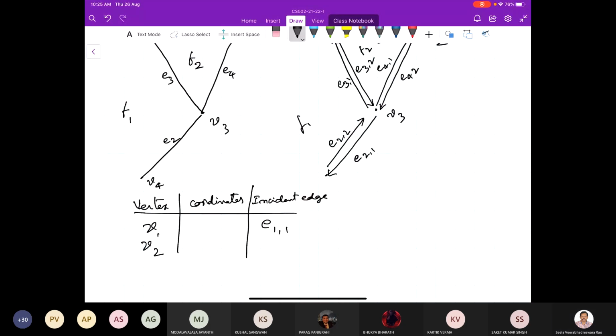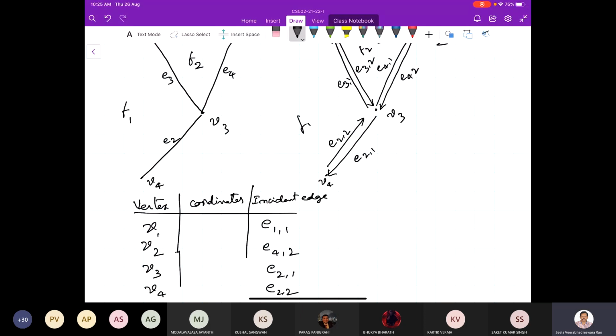Similarly, V2 will keep 4, 2, and 3 will keep V4, obviously.